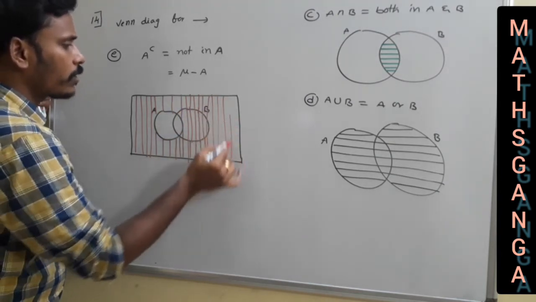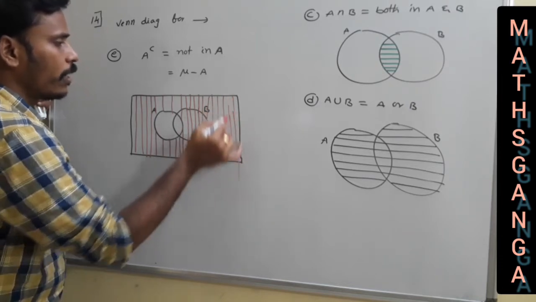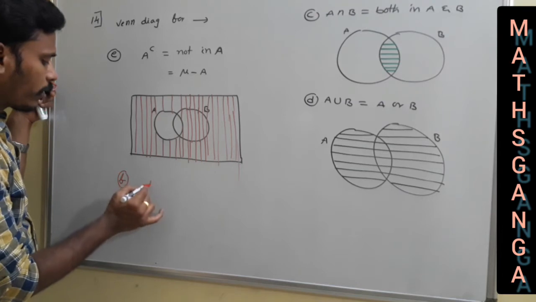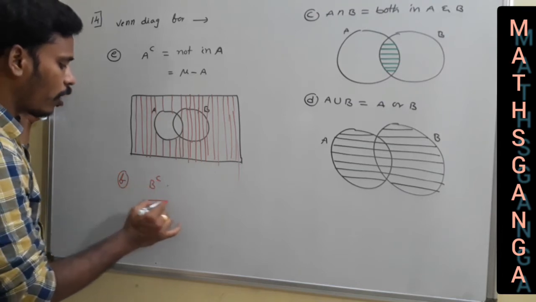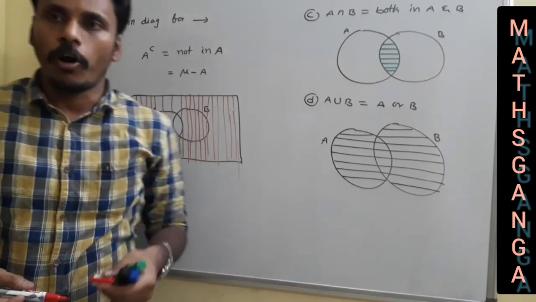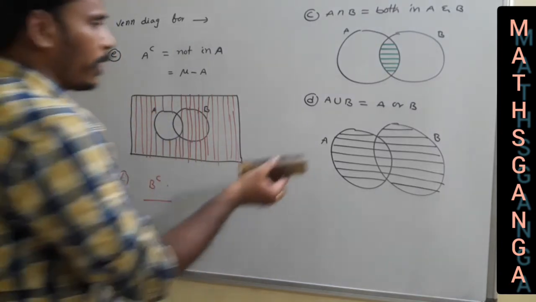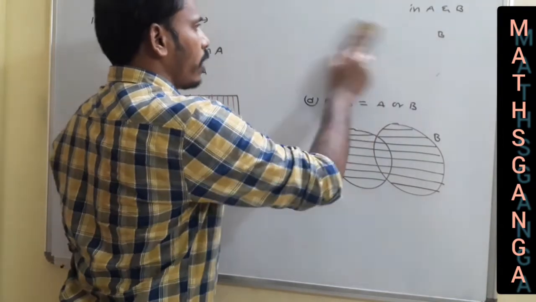So completely this shading is for A complement. And similarly, try to construct the shaded region or Venn diagram for B complement. Okay, you just try for it. And then there are some special cases, and I will include all those cases here once again.